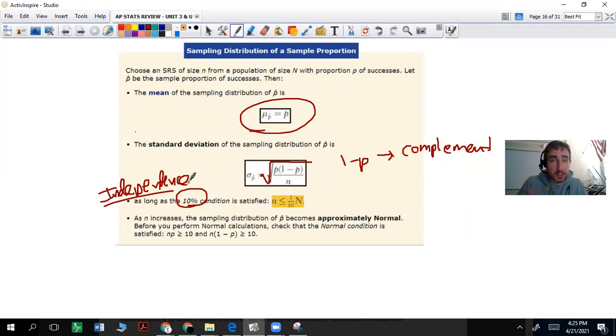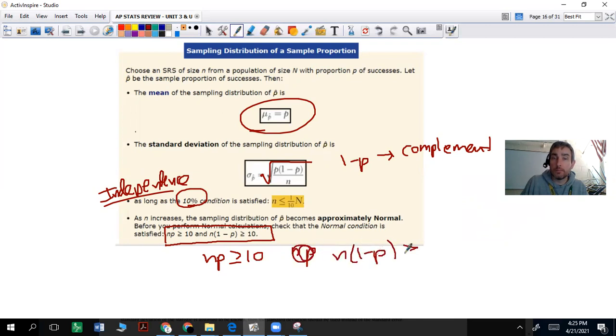As n increases, the sampling distribution of p hat becomes approximately normal. Remember, the larger the sample size, the more approximately normal it's going to be. And we want to make sure that the normal condition is met. So we want our large counts to be at least 10. Remember, np has to be at least 10, and n(1 minus p) has to be at least 10.